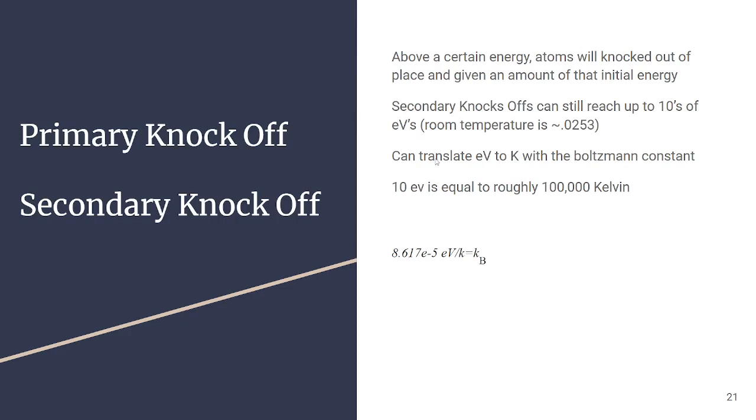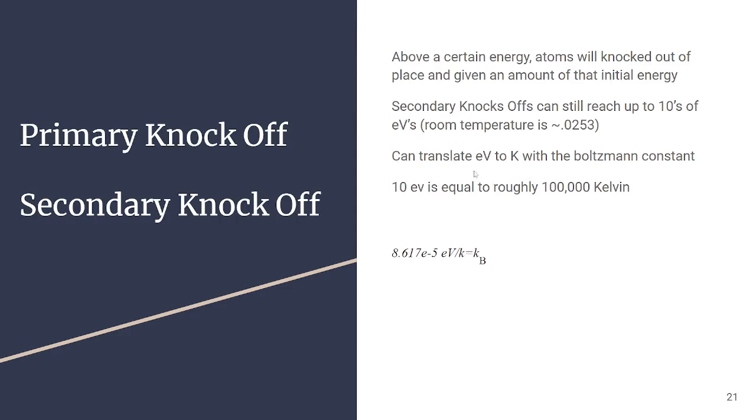And just for reference, room temperature is 0.0253 eV. eVs are electron volts. It's a unit of energy, kind of like a joule. You can translate it: it's 1.602 times 10 to the negative 19th joules, I believe.